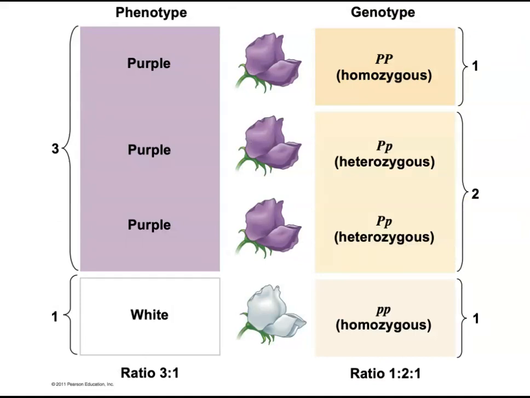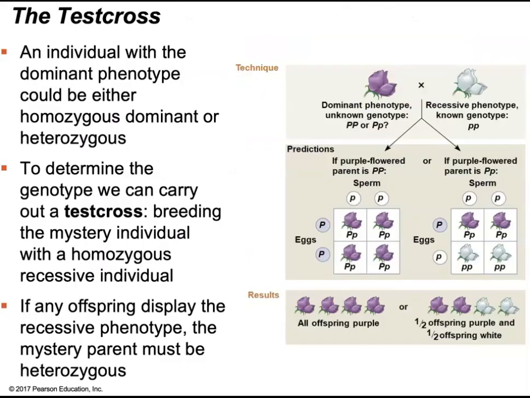Now we see how an individual with the dominant phenotype, like the color purple here, could be either homozygous dominant or heterozygous for the genotype. So how would we figure out whether a purple flower was homozygous dominant or heterozygous? The answer is to carry out something called a test cross. In a test cross, we breed the mystery individual with a homozygous recessive individual.